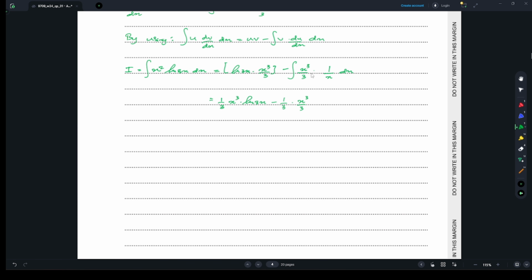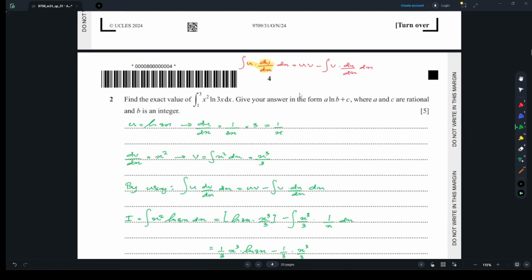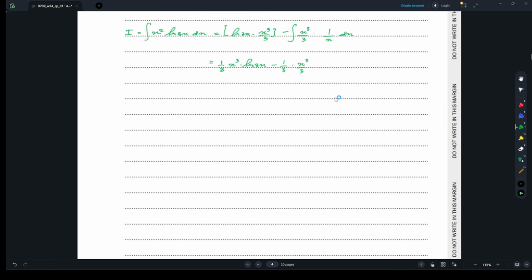They are asking you to keep your answer in the format a ln b plus c. So if I simplify a little bit more, you have 1 over 3 x cube ln 3x minus 1 over 9 x cube, right?